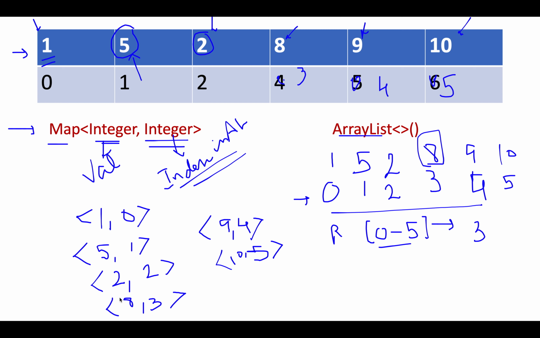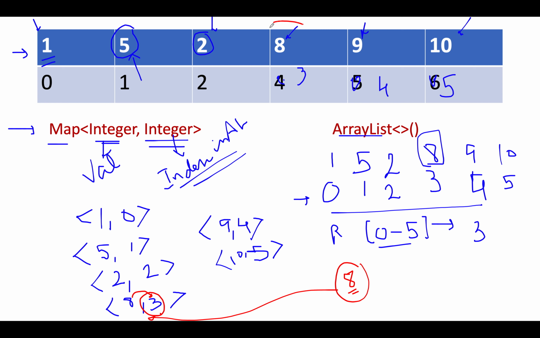Let's hypothetically assume that we are interested in deleting the value 8 from the randomized set. What we will do, we will search this value in the map. So we'll go to the map and query it so as to identify at what index it is stored in my array list. So it tells me that it is stored in the array list at the third index.